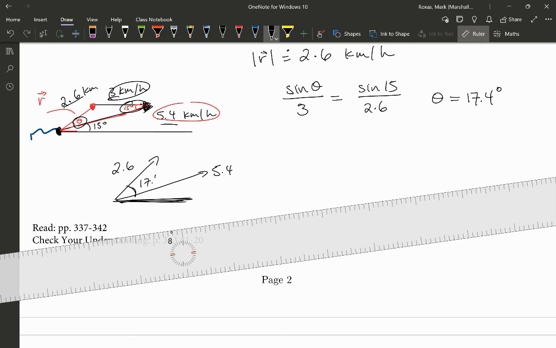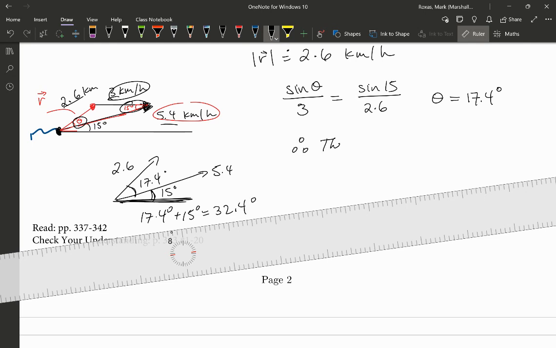So this angle here is 17.4, and we know this angle here is 15. Then the angle that my canoeist, the 2.6, makes with the water is going to be the addition of those two angles, right? So 17.4 degrees plus 15 degrees is equal to 32.4 degrees.